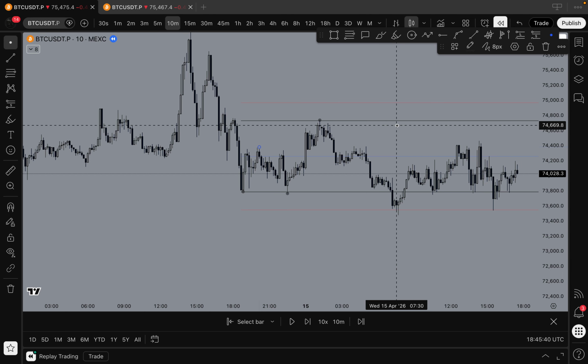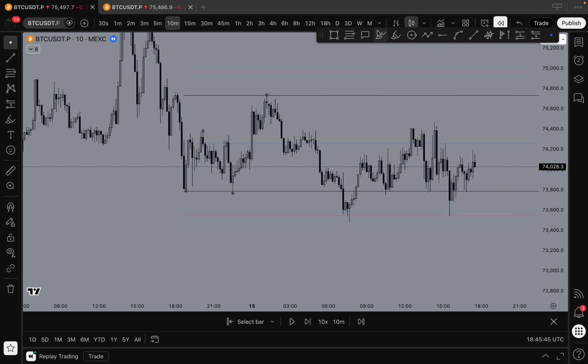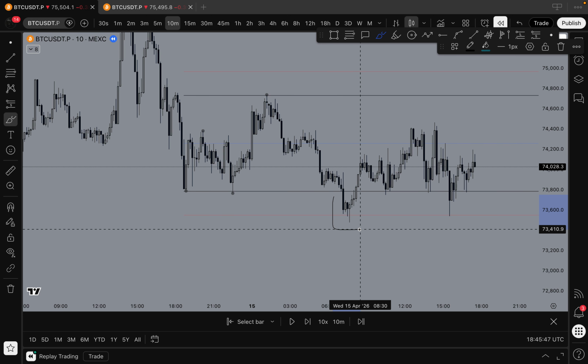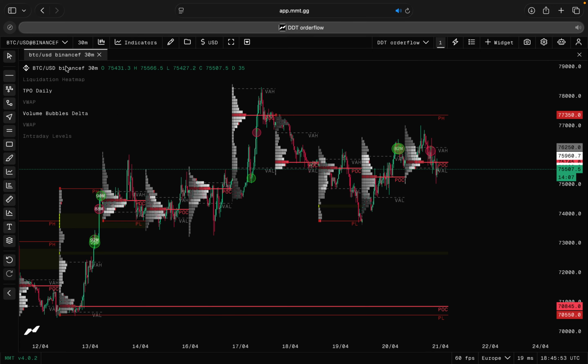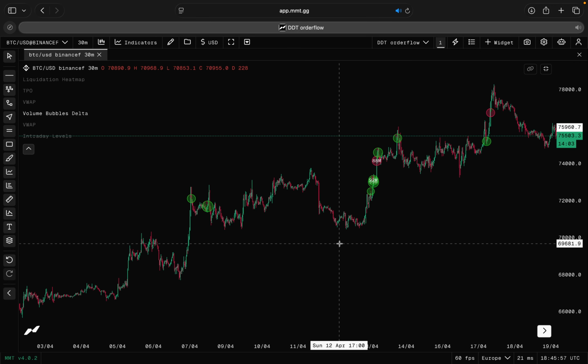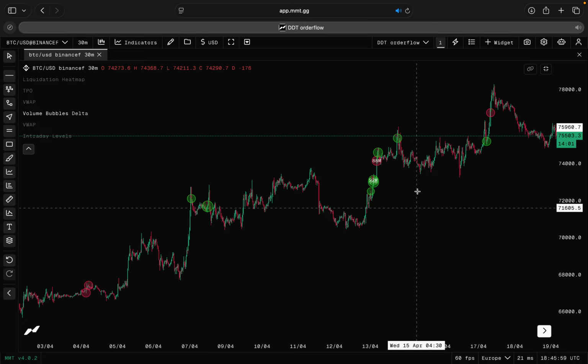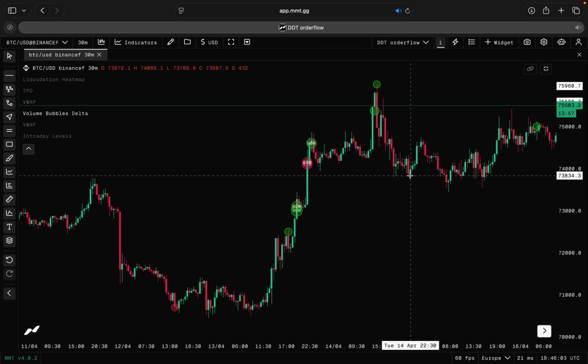Basically this was the local range, and then this was the potential tab 3 for a deviation move. Let's see, this was 15 April. And I can already tell you that 15 April, that low that was made, which is here, I took that also based on the confluence here.